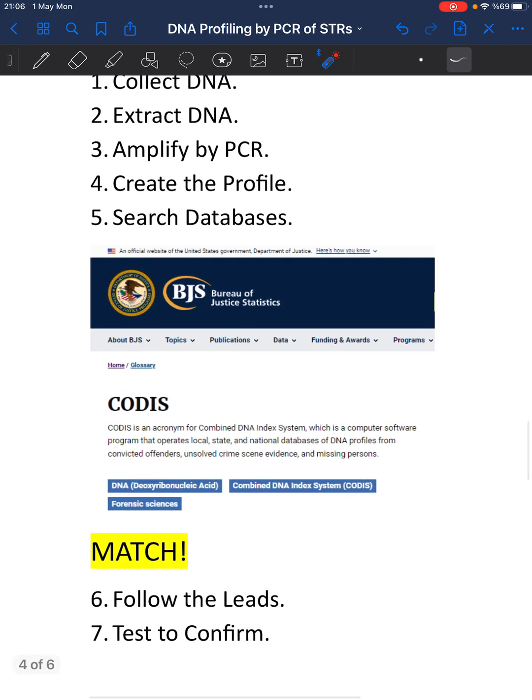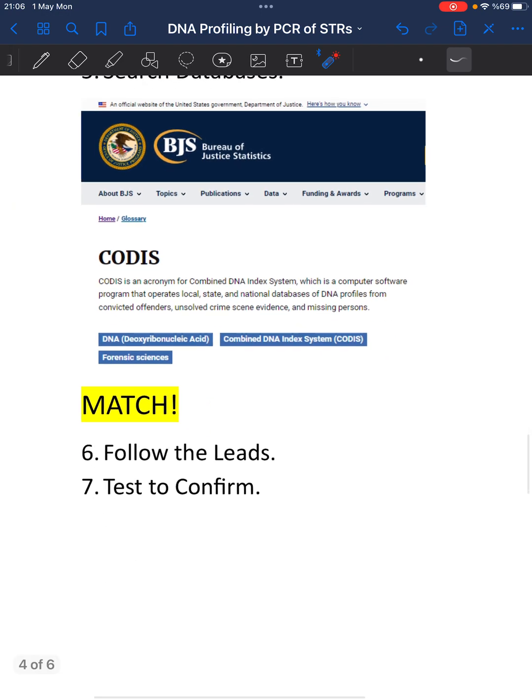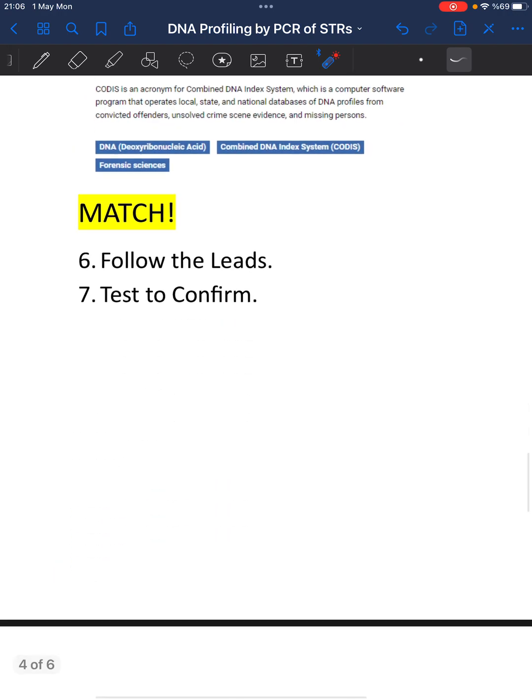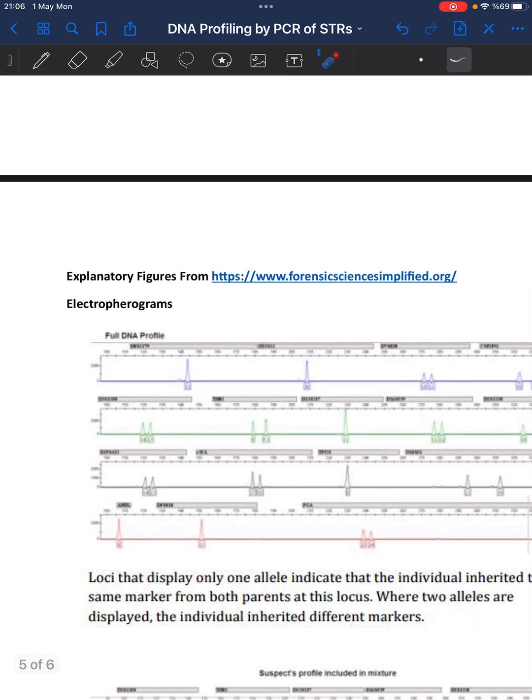In the United States, the CODIS, which is the acronym for Combined DNA Index System, is used for this. You upload your profile in here, and then hopefully you get a match, and then you follow that lead, and then if you find a suspect, you need to test to confirm that STR is from that suspect.